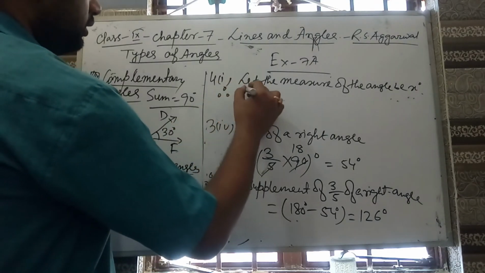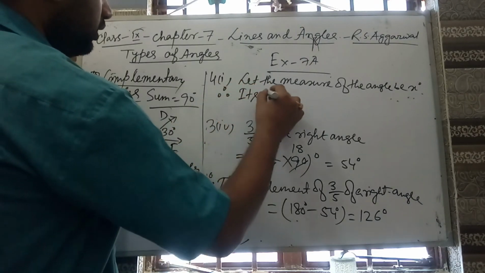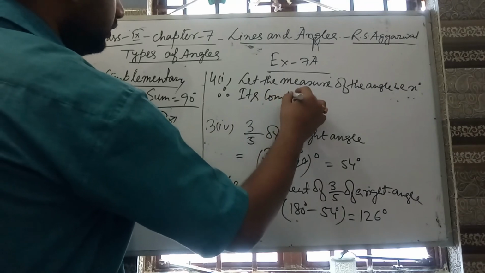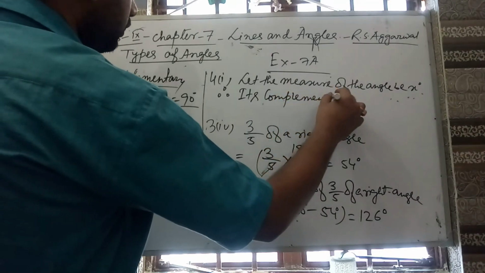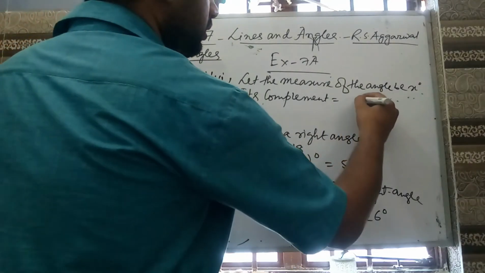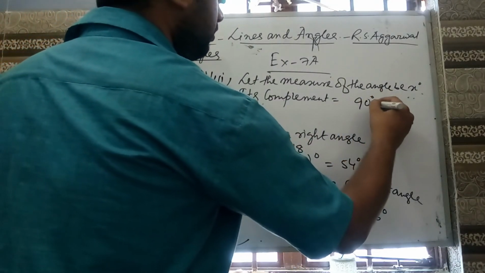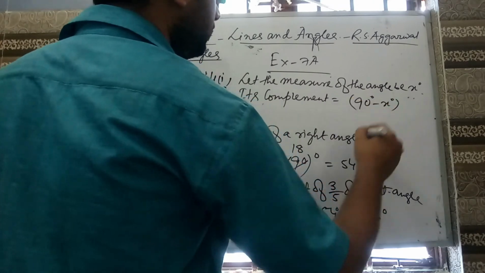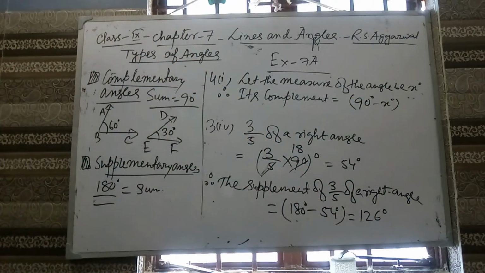Therefore, its complement will be 90 degree minus x degree. Okay, keep it as it is because we cannot calculate 90 degree minus x degree because x is unknown. So in the next step, what is given? The angle is equal to its complement.